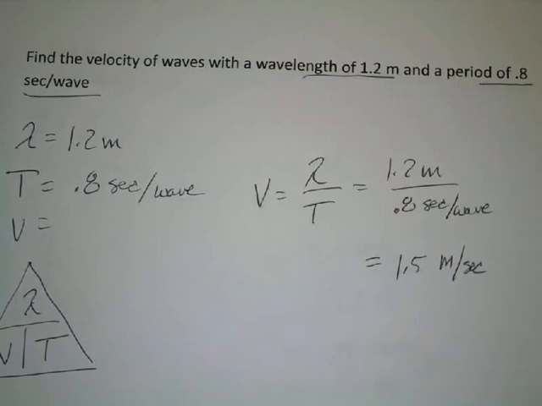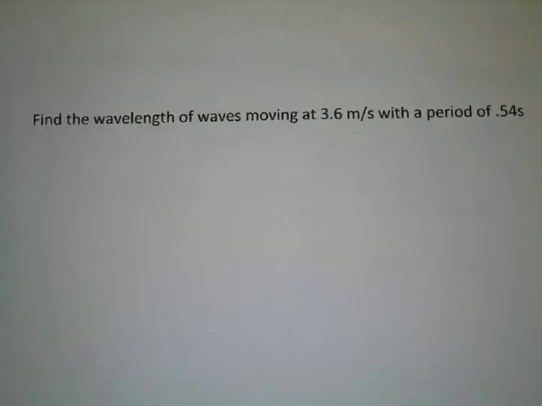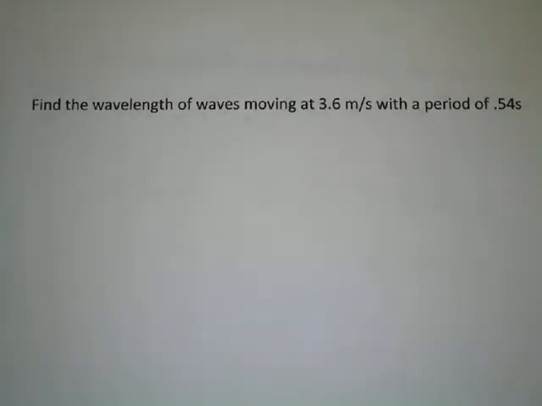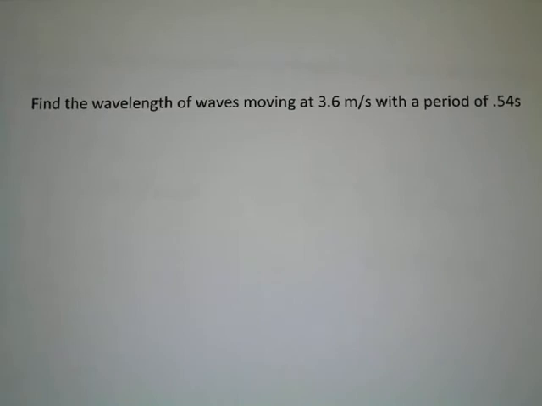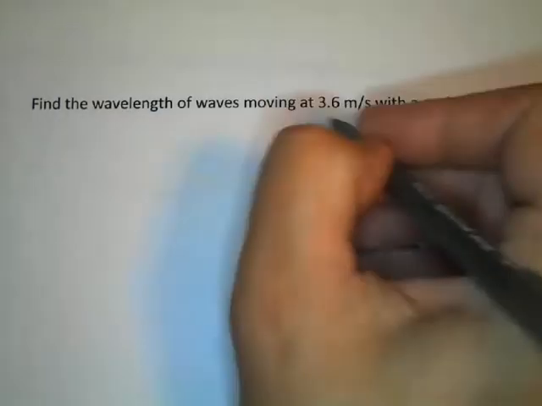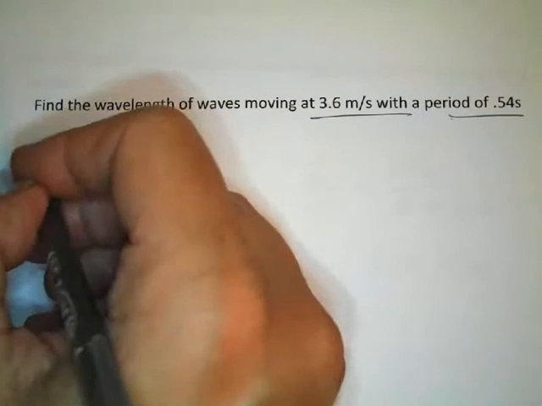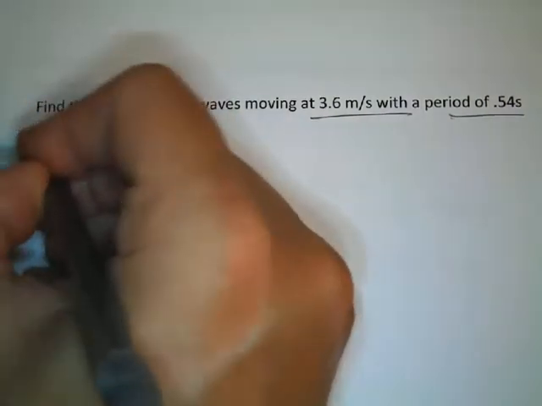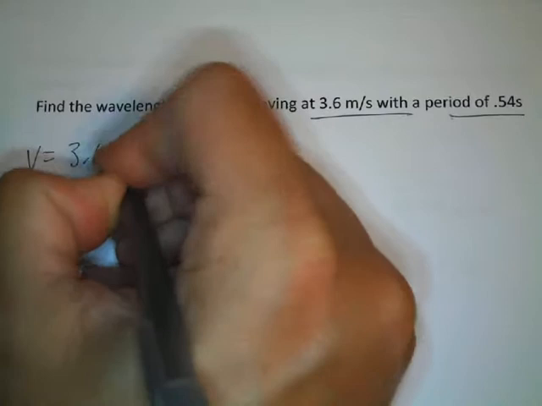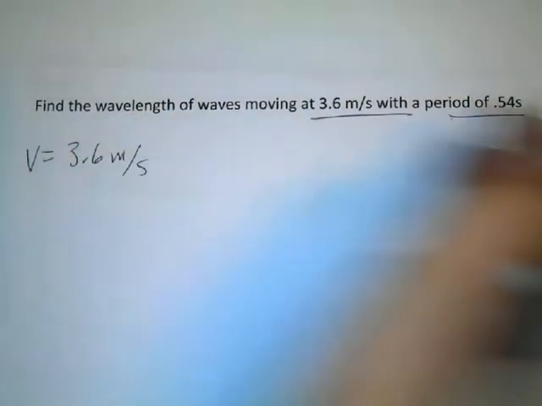All right. Find the wavelength of waves moving along at 3.6 meters per second with a period of 0.54 seconds. Alrighty, what's given? This time I have a velocity, 3.6 meters per second, and I have a period, 0.54 seconds. And I'm trying to find lambda in this case. My triangle looks like this.